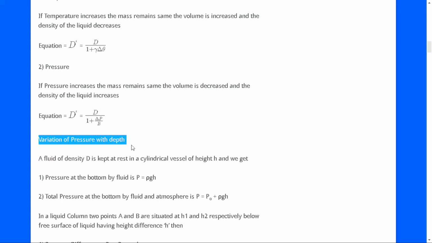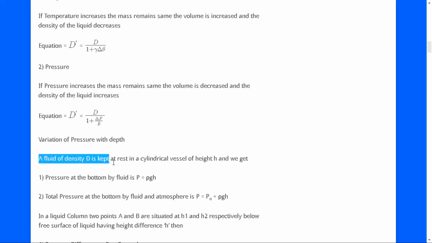Variation of the pressure with the depth. A liquid of density rho is kept at rest in a cylindrical vessel of height h. We get the pressure at the bottom by the liquid as rho gh. And the total pressure by the liquid and atmosphere at the bottom is P0 plus rho gh.